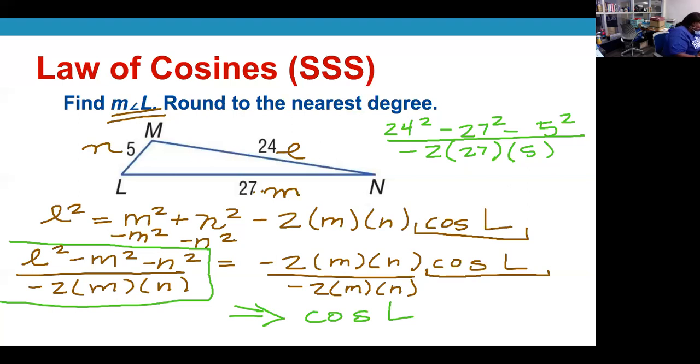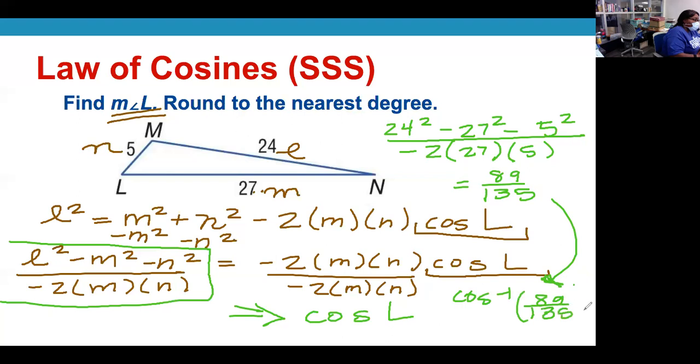All right, and so I got, my calculator is crazy. Excuse me, I got 89 over 135. All right, so then I'm going to just take the cosine inverse of this. The cosine inverse of 89 over 135. And you can just do cosine inverse of the second answer that you had. And I got that L is 48 point, round to the nearest degree.